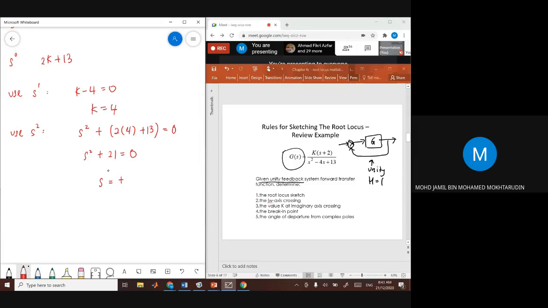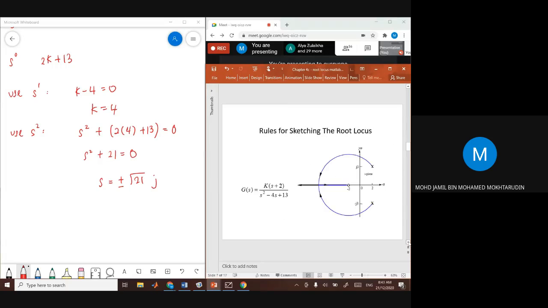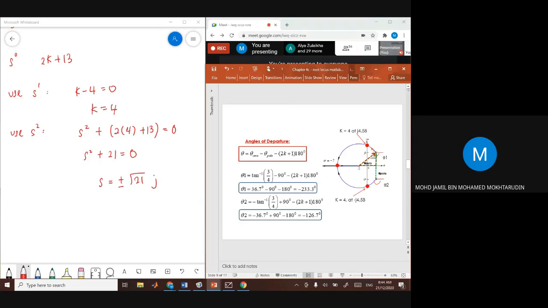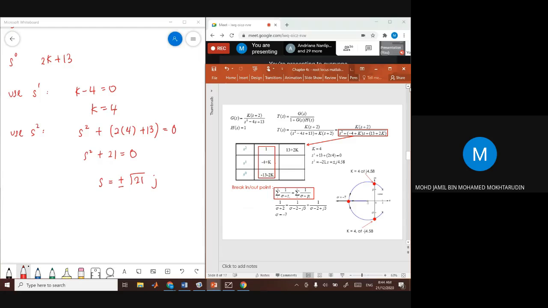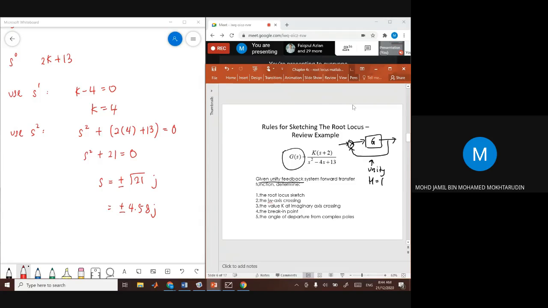S equals plus minus square root 21 j. Okay, so here the answer is plus minus 4.58j. So this is the frequency or the jω axis crossing.